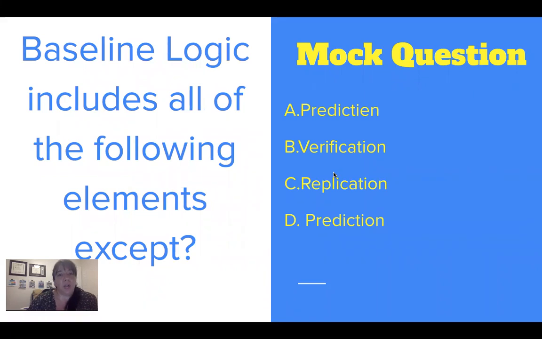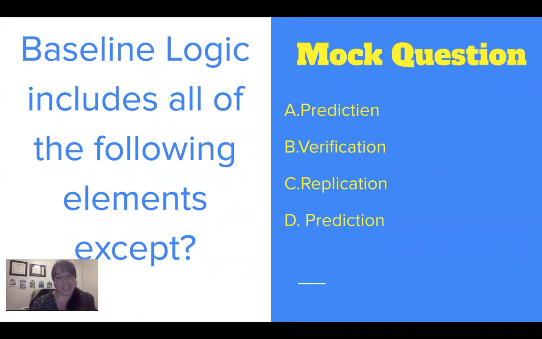All right, mock question. Baseline logic includes all of the following elements except: A, prediction; B, verification; C, replication; or D, prediction. A. Honestly though, on the exam, most people don't read to the end.